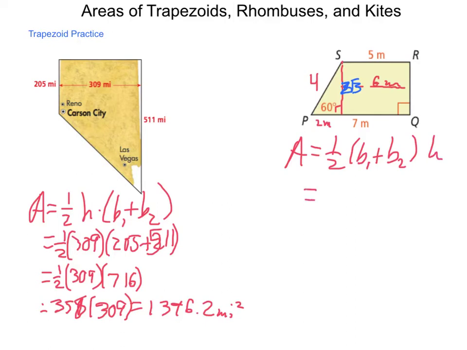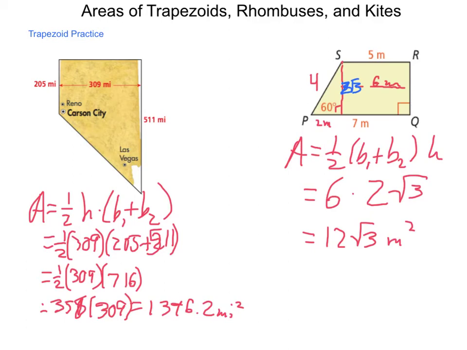Sum of our bases was 12, half that was 6, so we have 6 times 2 square root 3, so the area is 12 square root 3 meters squared. So that covers our trapezoids, different ways that we can use the information to get it.